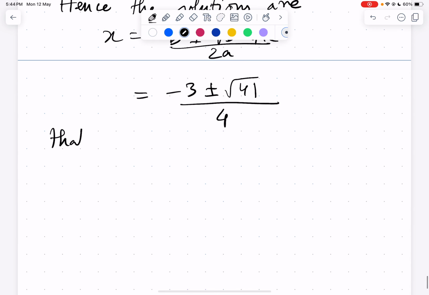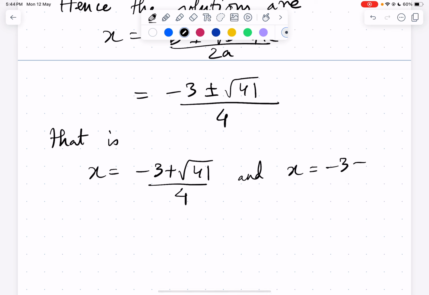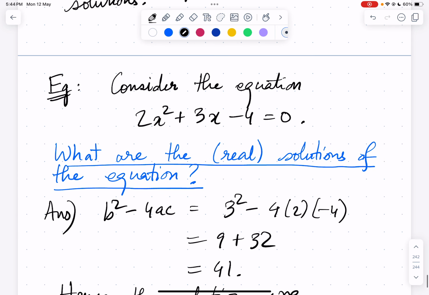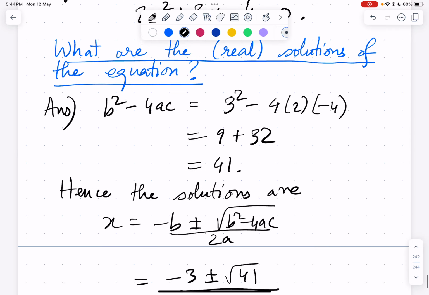That is, x equals minus 3 plus root 41 by 4, and x equals minus 3 minus root 41 by 4. These are the two possible solutions. These are the two solutions of the quadratic equation 2x squared plus 3x minus 4 equals 0.